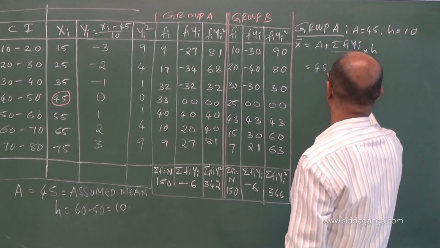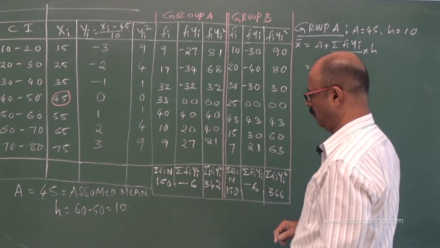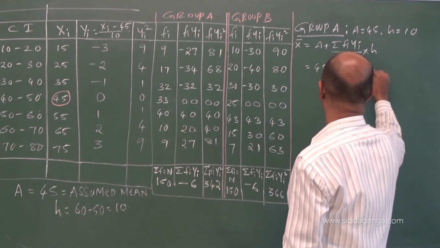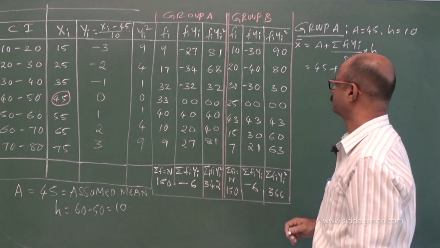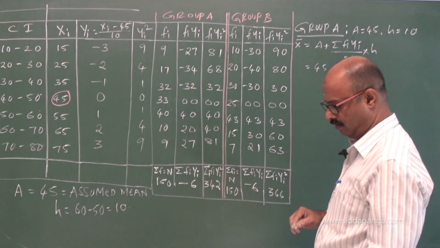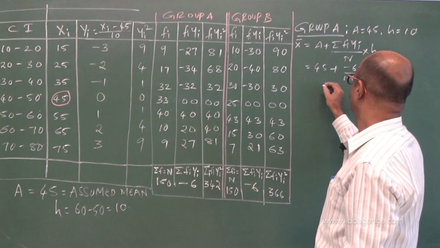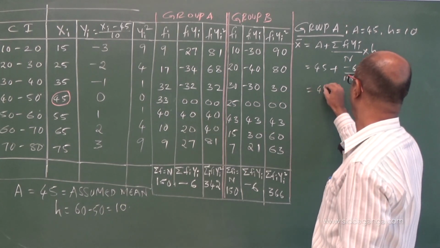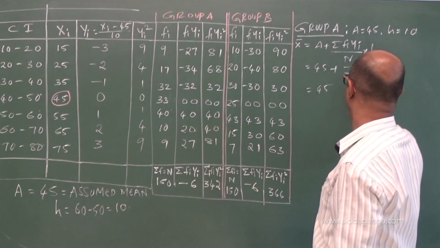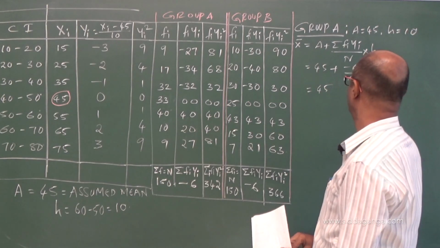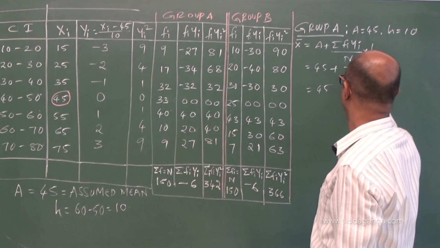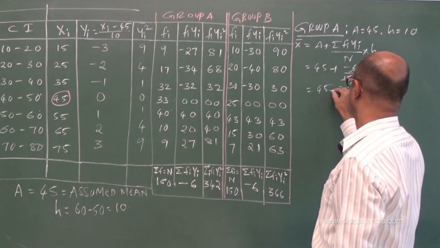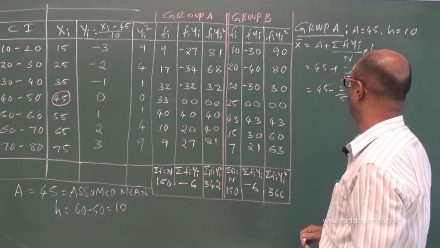So substitute minus 6 divided by the value of N, which is 150 and remains for both groups, into H is 10. So this is equal to 45, the zero gets cancelled, you will get minus 2 by 5. 45 minus 2 by 5.